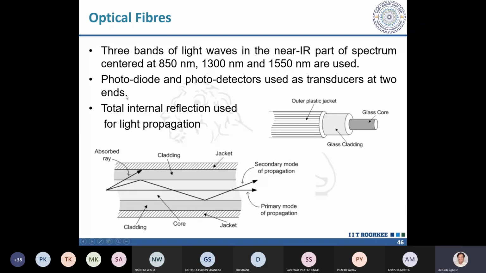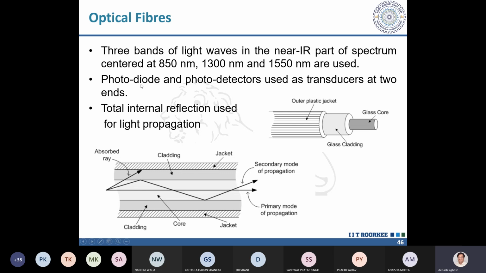And for transmission, I have just written one point: photodiode and photodetectors are the two transducers used at the two ends.